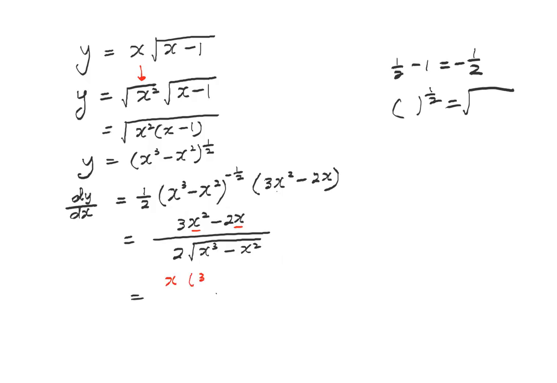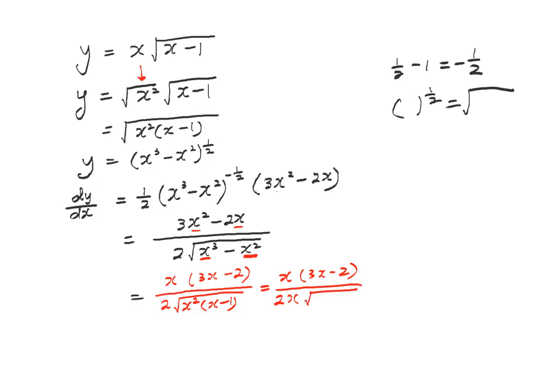So here I got 3x minus 2 over 2. This one I also can factorize out x squared. So it becomes x(3x minus 2) over 2x square root of x minus 1. So this x and this x can be cancelled. So this is your final answer.